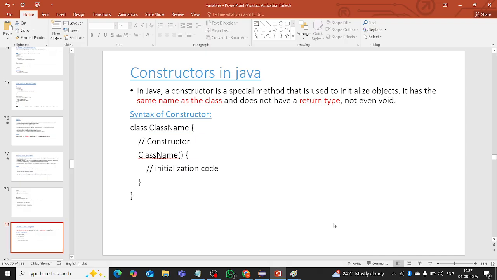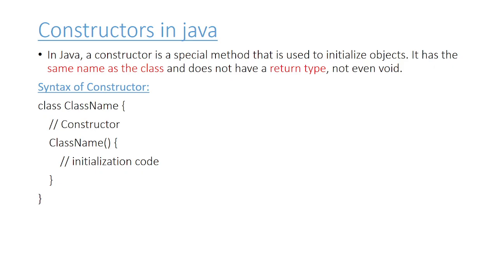Now let me go to the continuation topic of objects: constructors. Constructor in Java is a special method. It is one method type, but it doesn't have a return type.